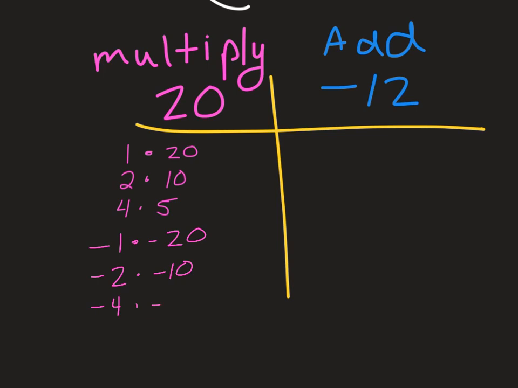So there's actually more factors here that will get you a positive 20, right? You can do negative 1 times negative 20. You can do negative 2 times negative 10, negative 4 times negative 5. And then there we go, negative 2 plus negative 10 also adds up to negative 12.